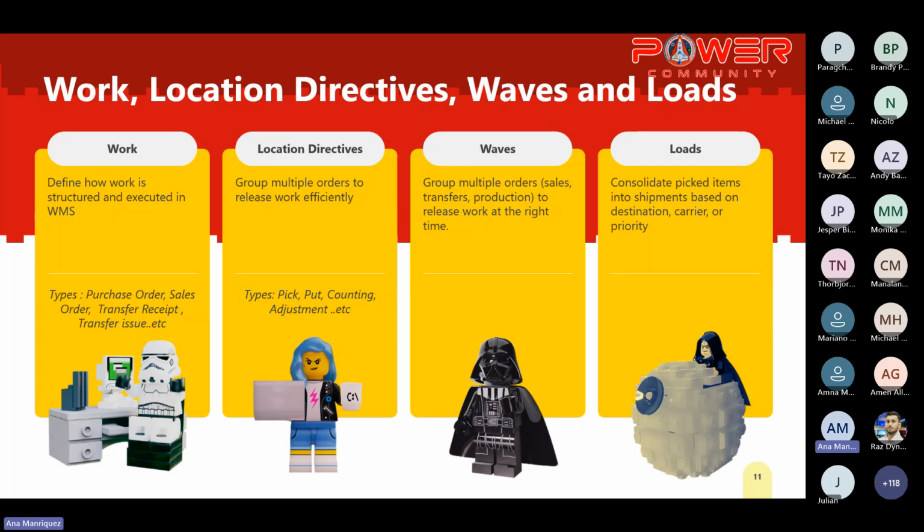So for example, if a warehouse receives 100 sales orders a day, you have the option to go to the sales order and put release order, release order, release order, release order.